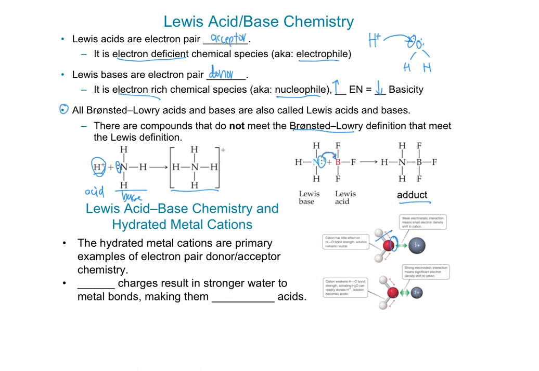And keep in mind that the higher charge of those cations makes a stronger bond to the water, so we get a weaker attachment to their hydrogens in those hydrated waters, making them stronger acids. Okay, so this finishes this chapter, but next chapter we're just going to keep on keeping on with the same concepts, so don't forget anything.